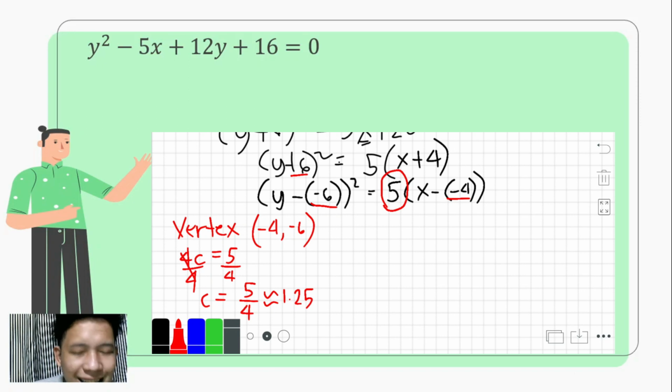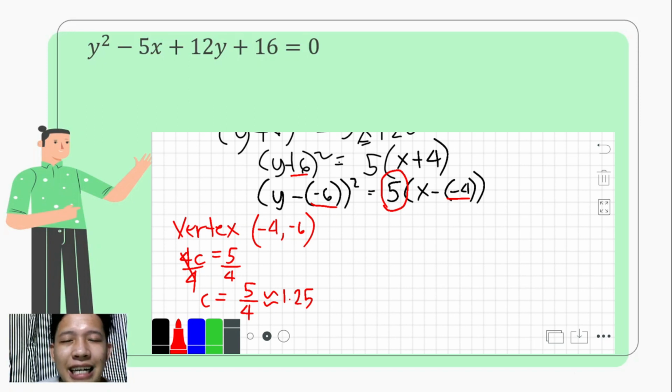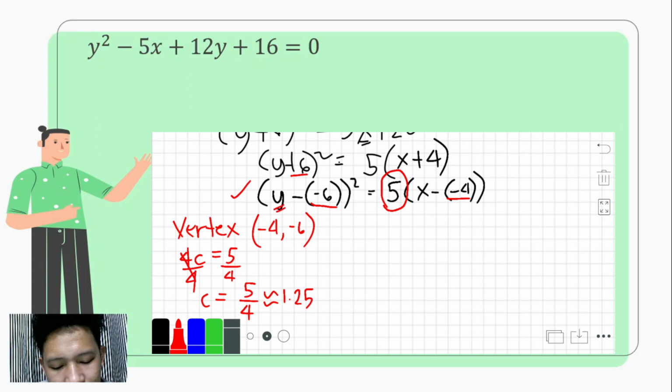Now, let us determine whether the parabola opens upward, downward, to the left, or to the right by looking at our standard equation. Okay? Since si y yung naka-square, ibig sabihin, it is either what? It is either opens to the left or to the right kasi si y yung naka-square.